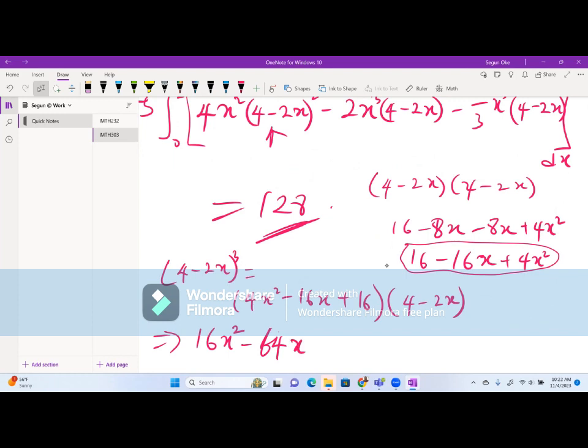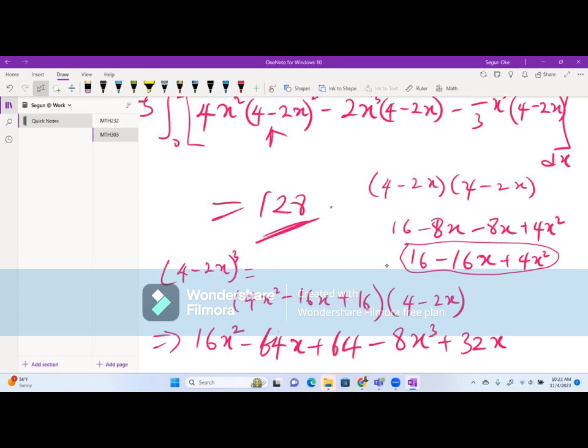Then 16 times 4 again, plus 64. Then minus 2 times minus, as positive, you have minus 8x cubed plus 32x.